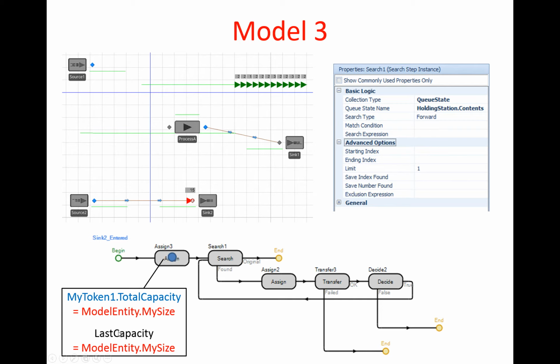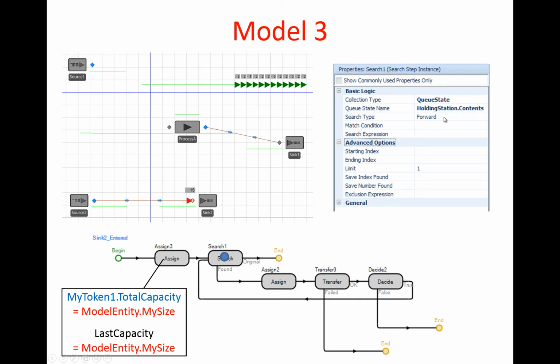Also, in order to make my status label work, I have another assignment where I store the limit in my last capacity model state.